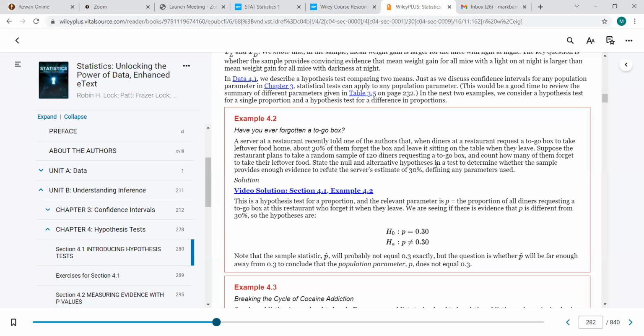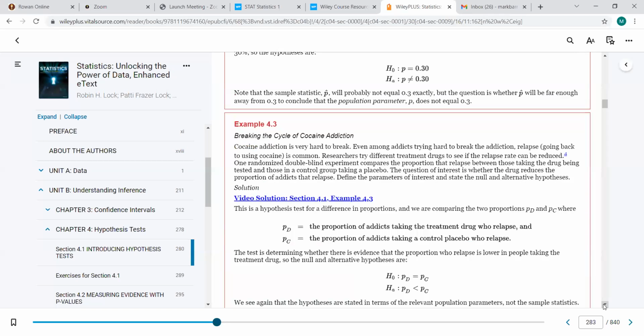That will be our sample proportion, and we're going to use that to test whether there's enough evidence to claim that P, the population proportion, is different than 30%. So the sample statistic we're going to use is P hat. P hat is the sample proportion, and that will be the proportion that we get when we count the number out of the 120 who leave their box on the table when they leave instead of taking it.